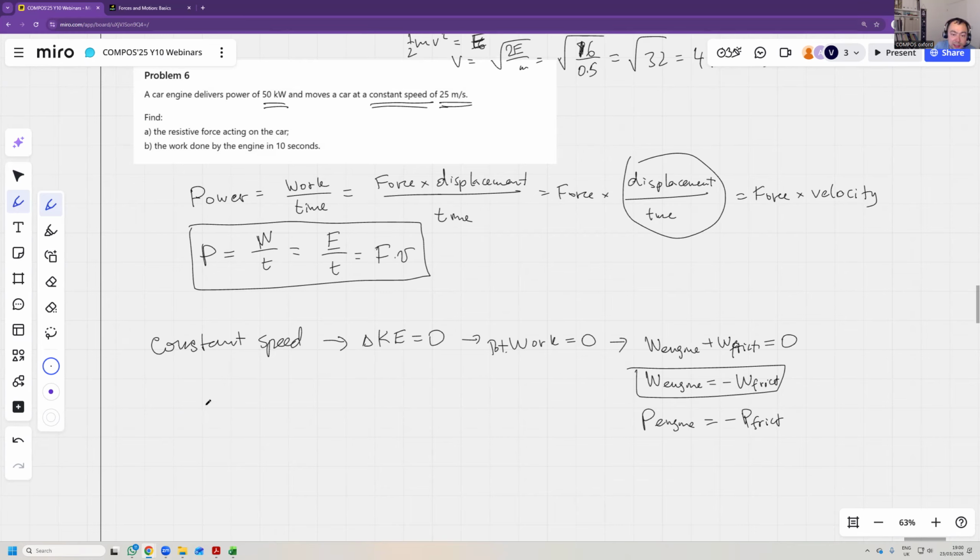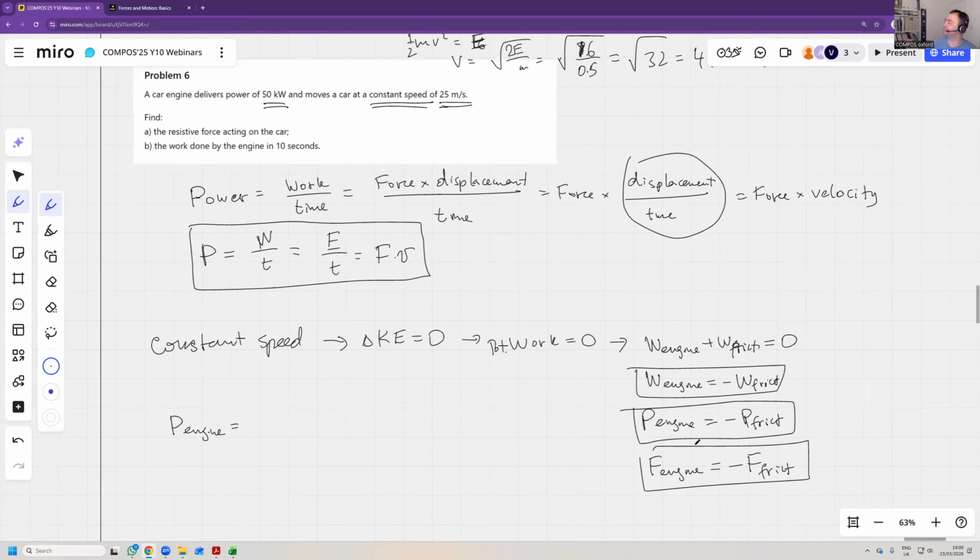Also that means that the force of the engine must exactly equal minus the force of the friction. That's a nice realization. In order to move at constant speed, the force pushing you forward must exactly equal the force pushing you backwards.